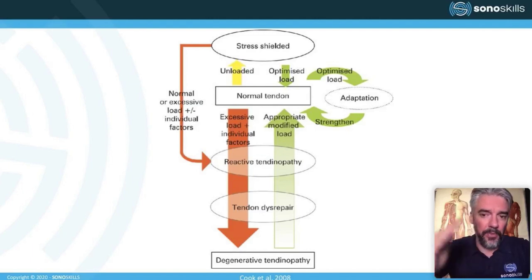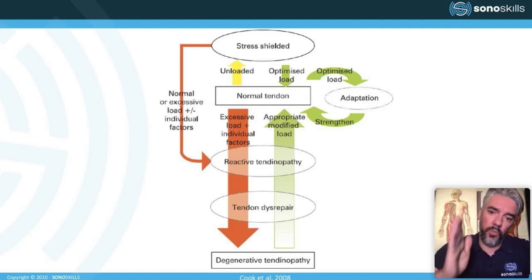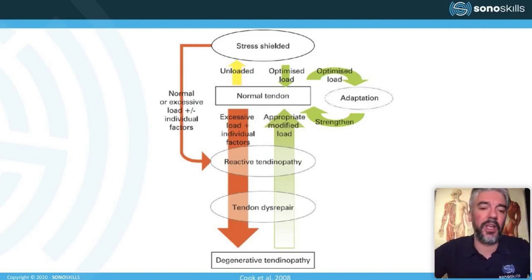It's not known in every profession, but I think I shared this article with you last week. It's the tendinopathy model of Jill Cook. It's quite old, already from 2008, but I think it's still really interesting. It looks at reactive tendinopathy, tendon disrepair, and degenerative tendinopathy. So it's not so much quantification, which was what the previous classification model did.